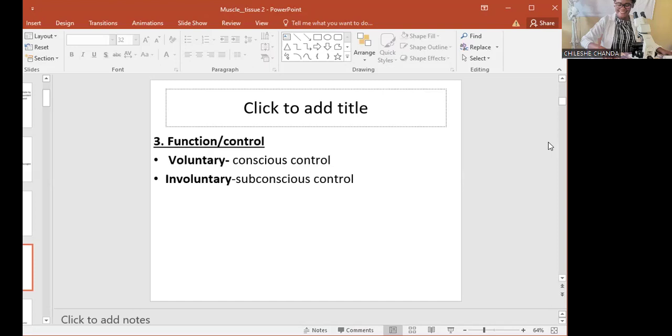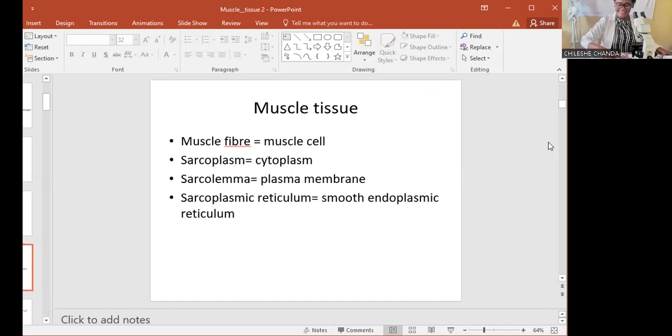However, there are some other muscles that will only work on their own without you telling them. For example, when you swallow the food, once it passes the pharynx, there is no way of stopping it unless you are sick. It's going to go all the way down because the muscles will immediately initiate peristalsis. So that is what that means. Or the cardiac muscles, for example.